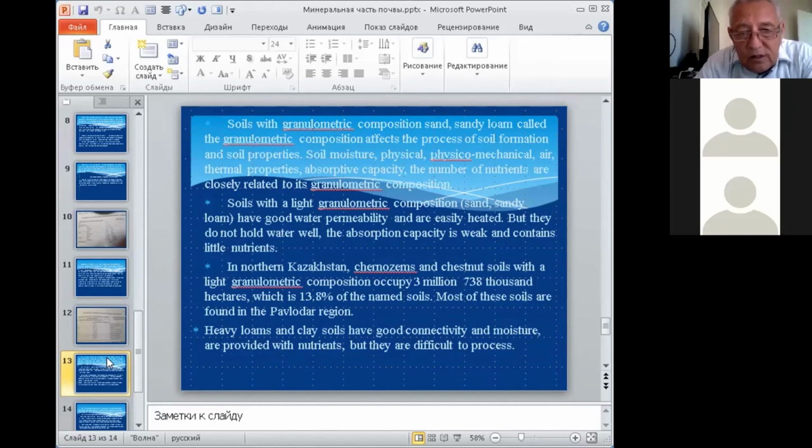Most of these soils are found in the Pavlodar region. Heavy loam and clay soils have good cohesion and moisture and are well provided with nutrients, but they are difficult to process.